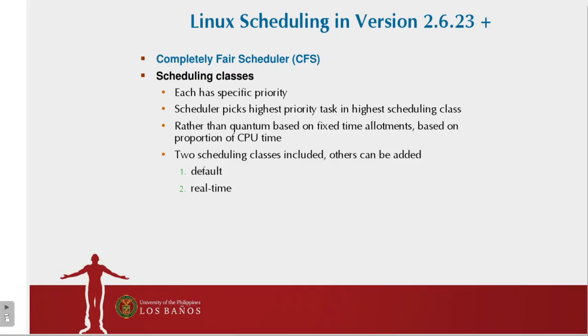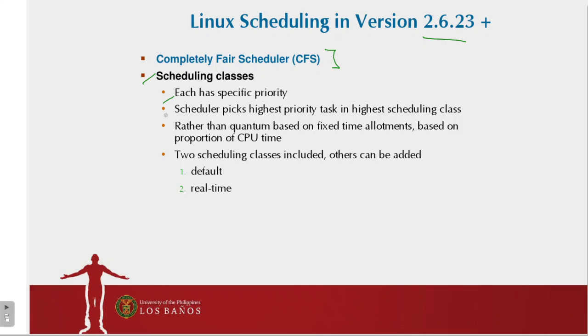In Linux kernel version 2.6.23, a new scheduling algorithm, which is actually the default algorithm being used now in Linux, is called the Completely Fair Scheduler, or CFS. It has several scheduling classes, and each has a specific priority.